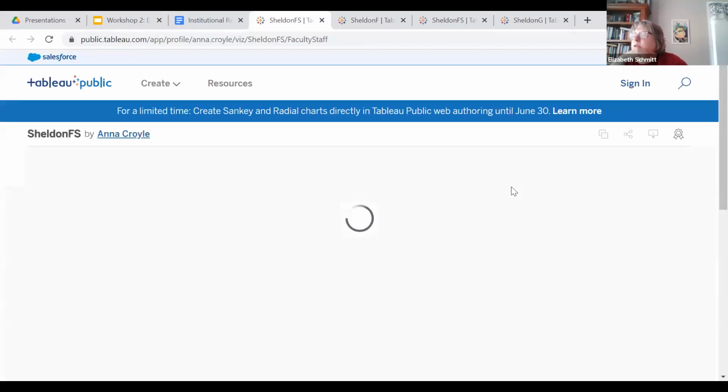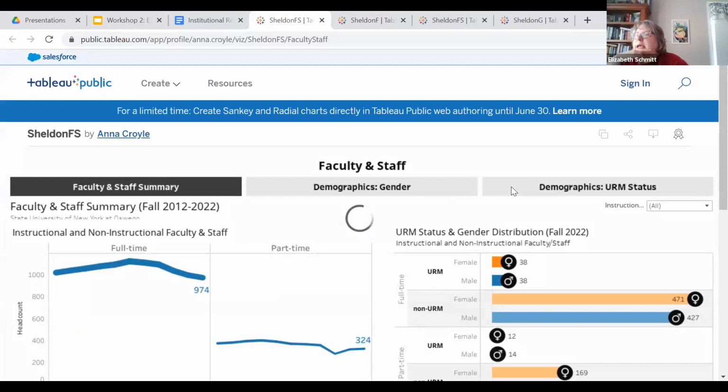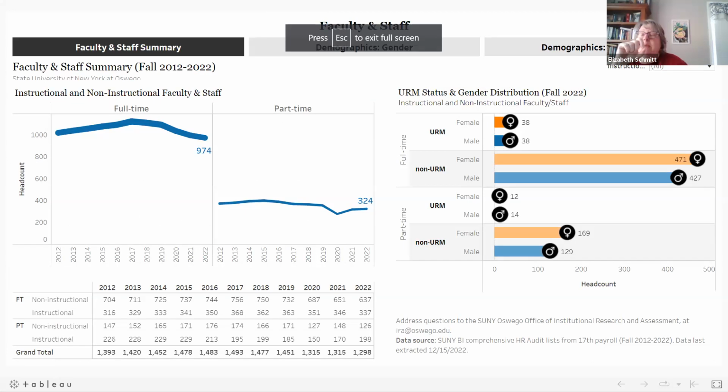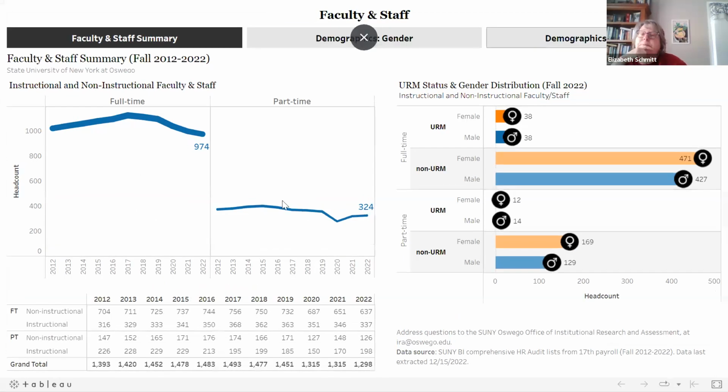Right now we have 337. What's full-time counting? Instructional faculty would be VAP, tenure track, tenure, or full-time lecturer, instructor appointment. Part-time would be our adjunct faculty. Part-time instructional faculty has fallen from 226 to about 198.